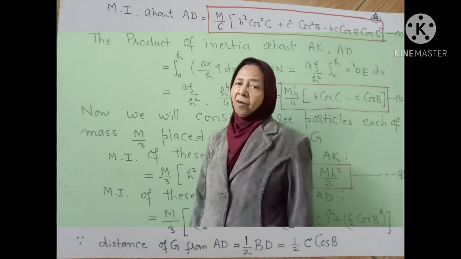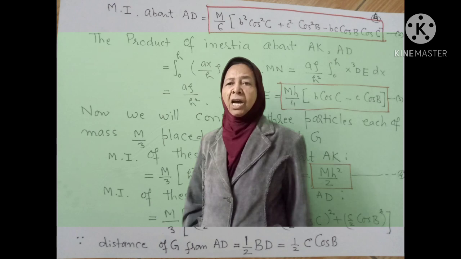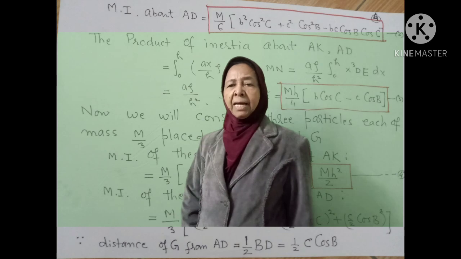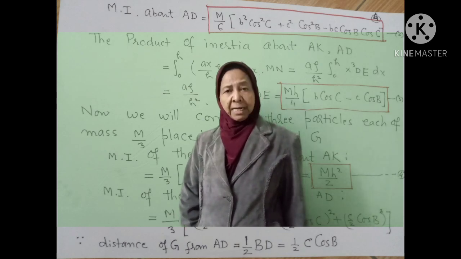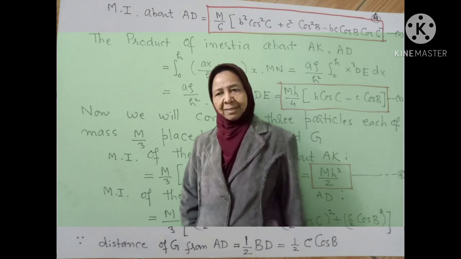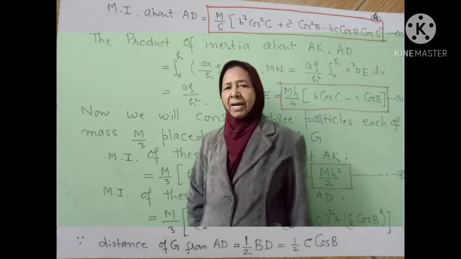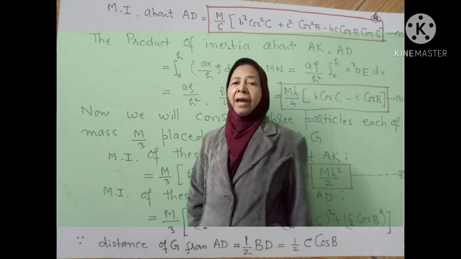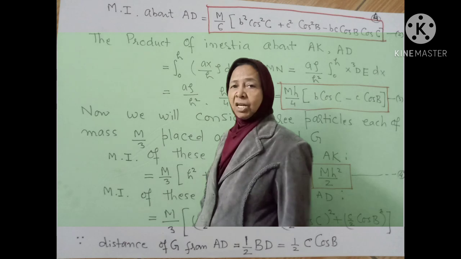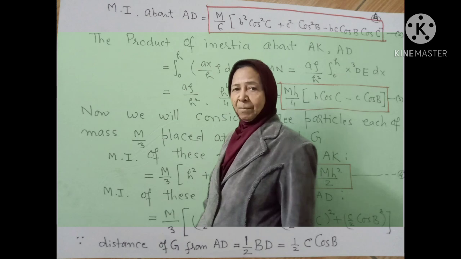Now half the question is done. We found the moments and products of inertia of the triangular lamina about AK, about AD, and the product about AK and AD. Okay. Now what is next? Next we will try to find the moment of inertia and product of inertia of 3 mass particles, each placed at the midpoints of the lamina.